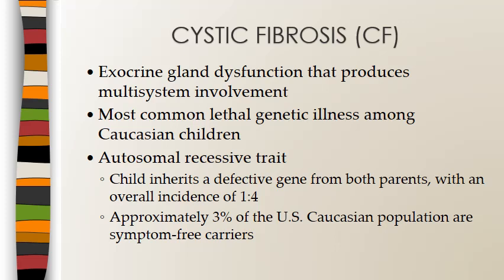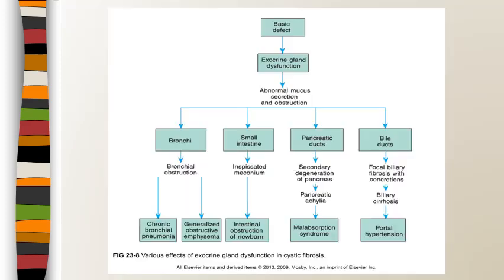It is autosomal recessive, which means that the child inherits the defective gene from both of their parents, and overall it affects 1 in 4 children is its incidence. There are approximately 3% of Caucasians in the United States that are carriers and are symptom-free.